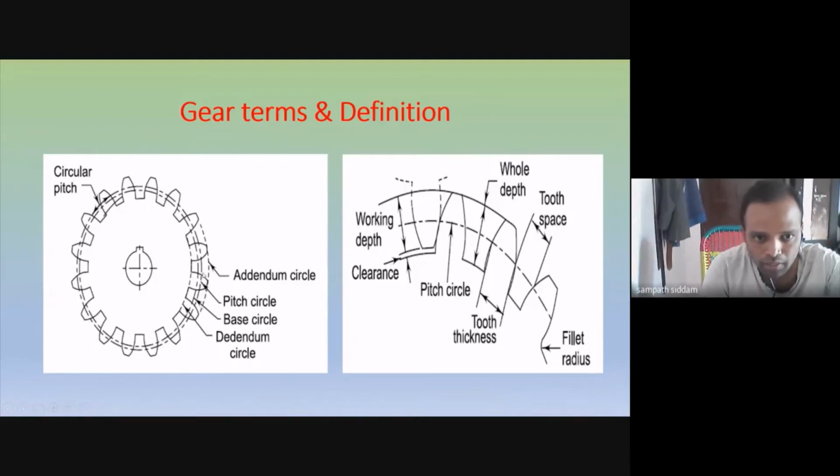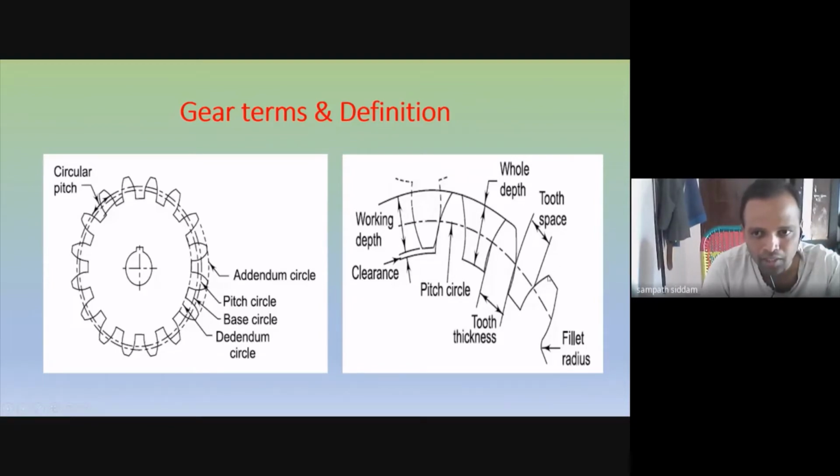So the addendum is above. This is your height, and this is your pitch circle and base circle, and below is your dedendum. This is your depth. This is your working depth, and this is your whole depth, which includes your clearance. The working depth includes only the addendum and dedendum distances.